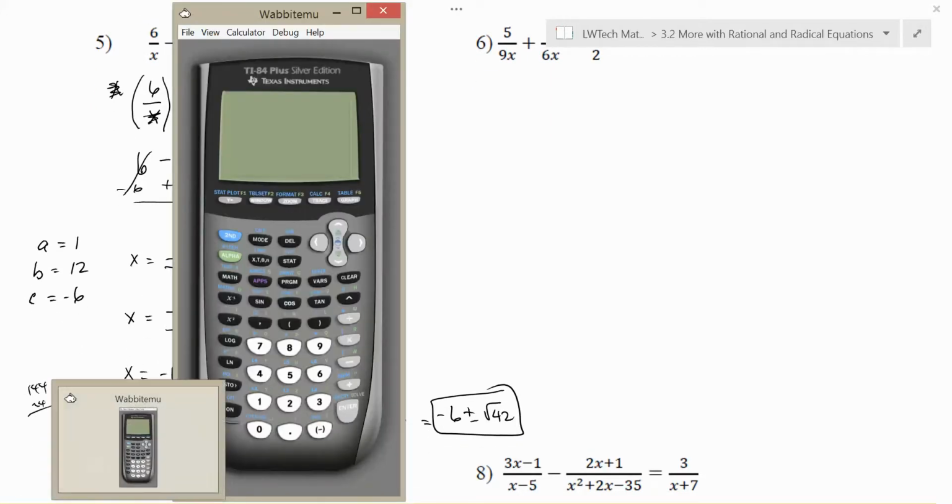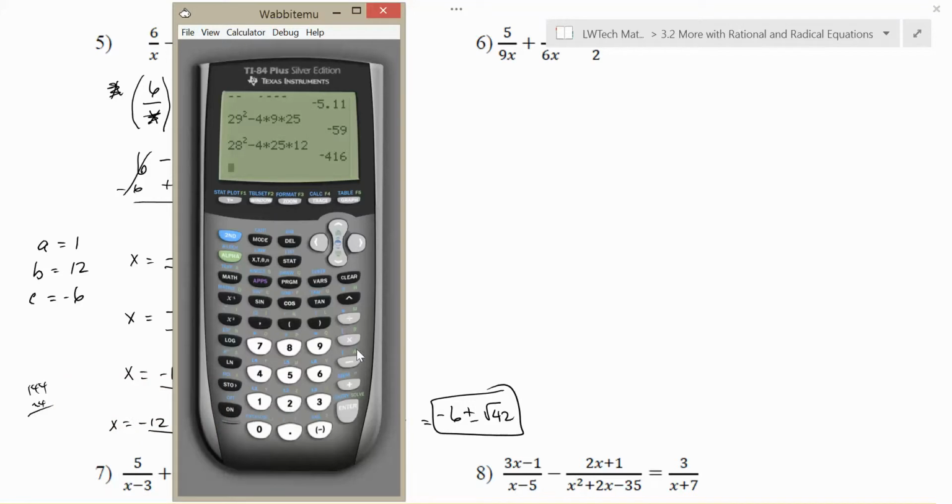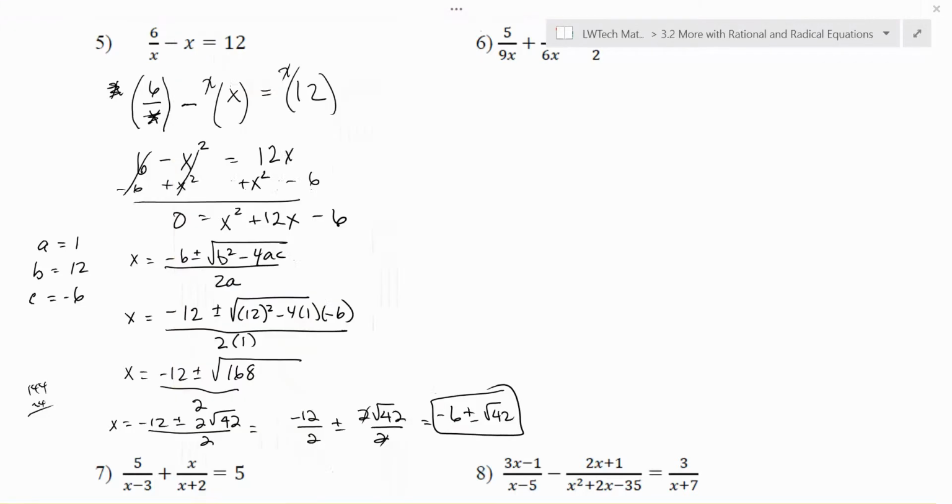I guess we can pull this up here real quick if you want to compare that with a decimal value if you were following along on your calculator. -6 plus the square root of 42 would give me 0.401 as one solution, and then -6 minus the square root of 42 would give me -12.5 as my other solution. And with values like this, as long as our answers wouldn't make the original denominator 0, we're good to go.